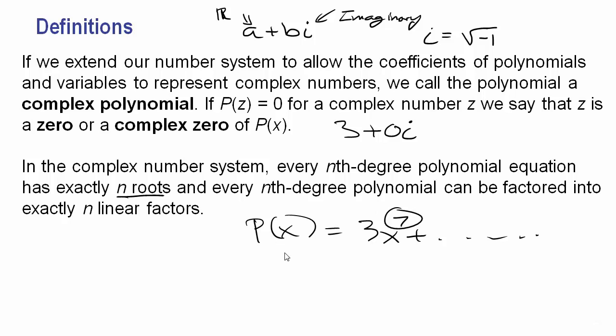Some of them might be real numbers, some of them might be complex numbers. Remember, the real numbers are considered complex in disguise, right? 3 plus 0i. So technically, you get exactly 7 complex roots. It's just some of them might be real numbers.